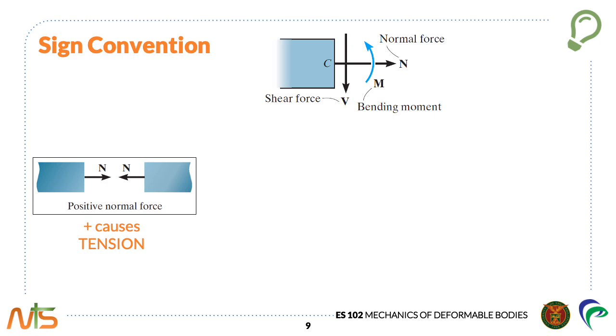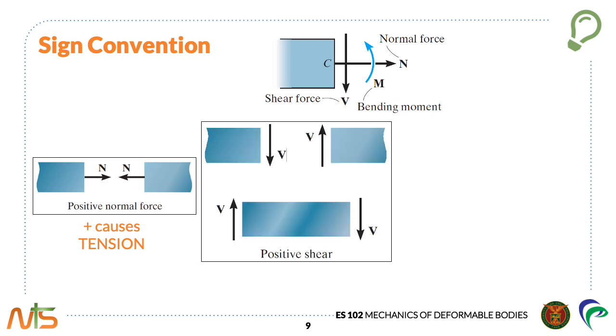Imagine that we fix this segment on this side. This segment will be under tension. Same as if we fix this side, this other segment will also be under tension. Therefore, the normal force in both of these segments are said to be positive.